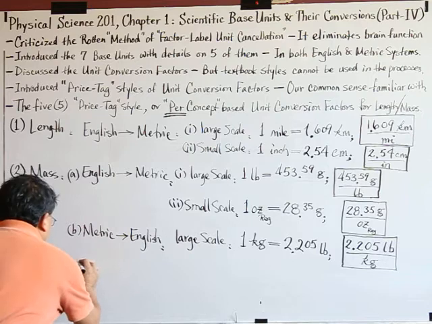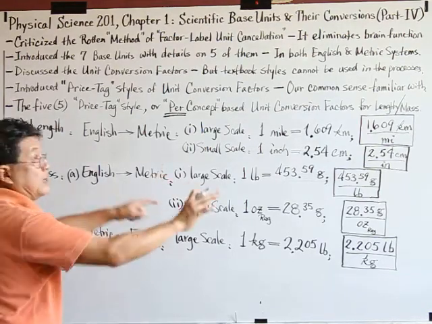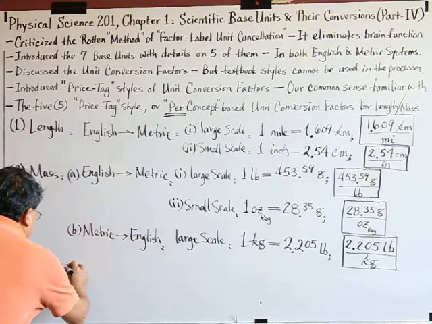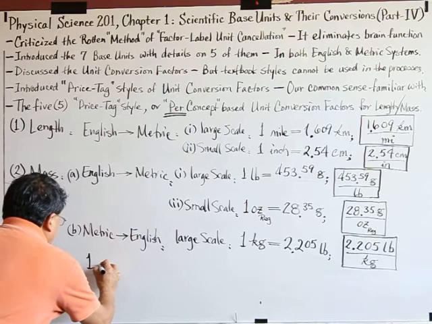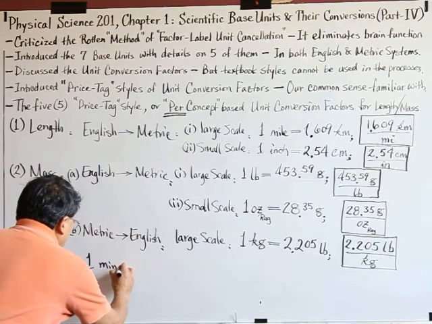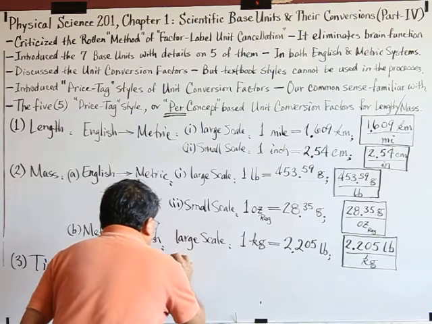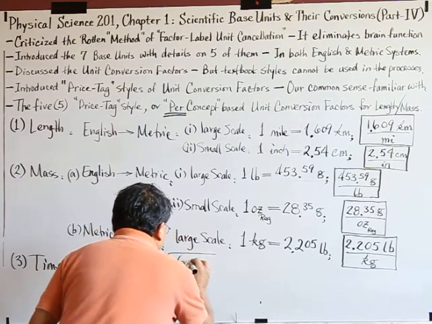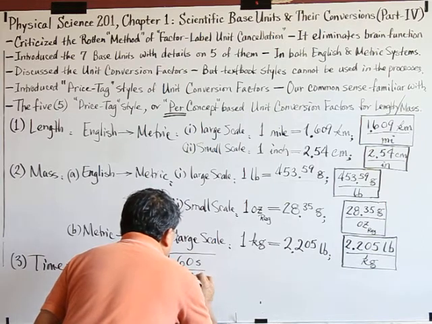Time, and basically the big one, right? So between the English and metric systems, we are all based on the second, right? So we have to know that 1 minute equals 60 seconds. So you have 60 seconds per minute, right?